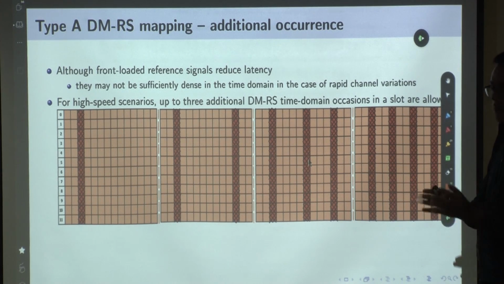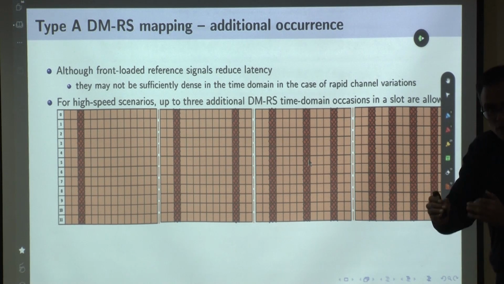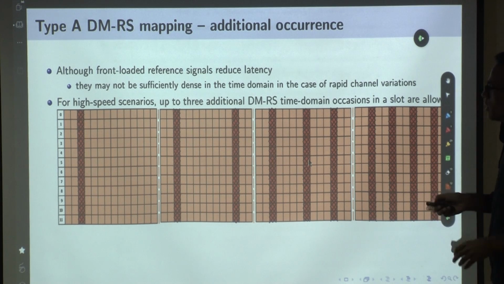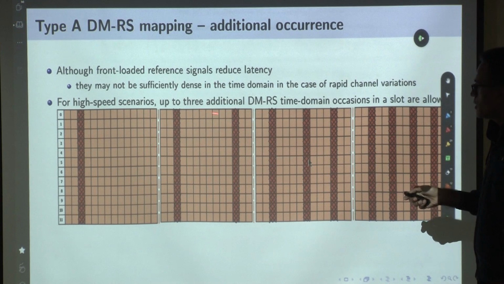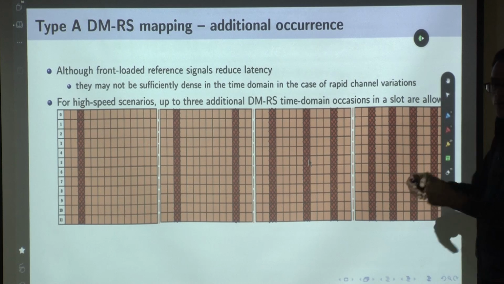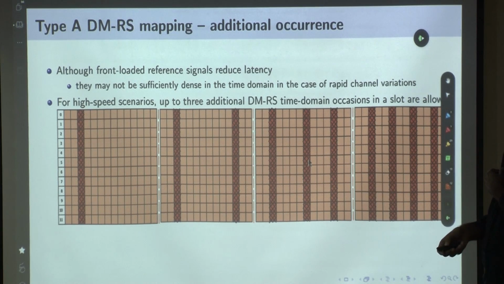Now let's say the UE is moving at a moderate speed. The base station knows that. What will it do? By the time this part of the slot comes, the UE channel has changed. So it will send 1 additional DMRS towards the end of the slot.